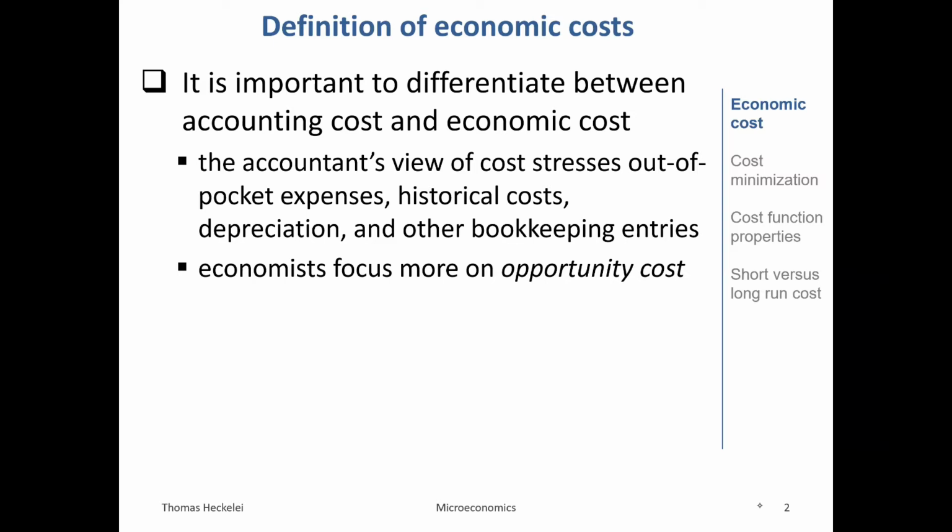Contrary to that, economists are interested more in opportunity cost. Now, for example, what is opportunity cost? Say you receive a ticket for a concert worth 30 euro as a birthday gift or Christmas gift, and the concert lasts 2 hours.